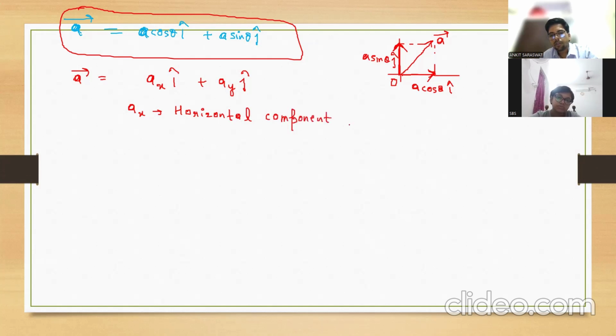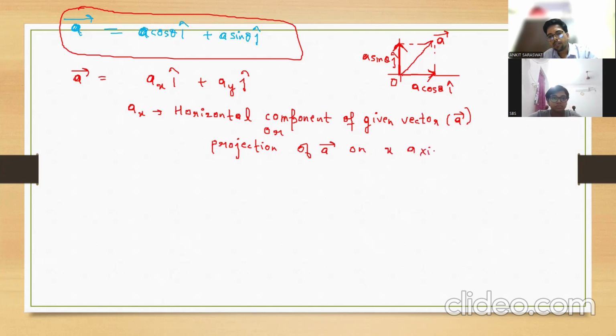Clear? Or we say, one more name, it's a projection of A vector on x-axis. Clear?